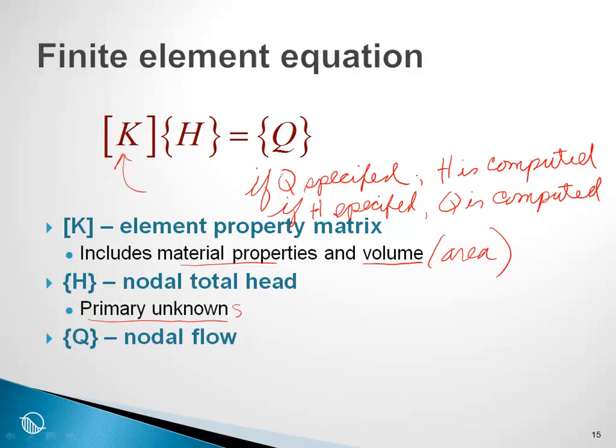When it comes to applying boundary conditions, always ask yourself: if I know the head, then I will compute flux. If I specify the flux, I will compute the head. I cannot specify both flux and head. That is not a possibility in SEEP/W. So I only have one of two choices when it comes to specifying boundary conditions in SEEP/W.